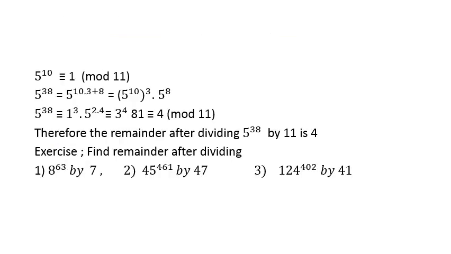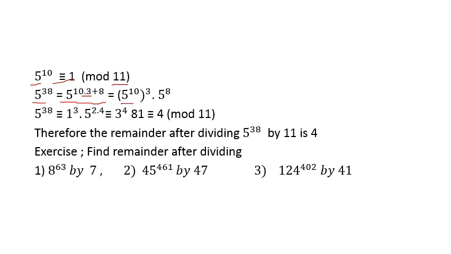We shall see some examples and applications here. See here I will take prime number 11 and A equal to 5. According to Fermat's little theorem, 5 power 10 is congruent to 1 modulo 11. Now take 5 power 38, which can be written as 5 power 30 plus 8. 30 is written as 10 into 3.